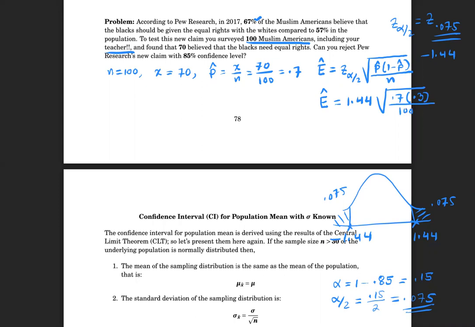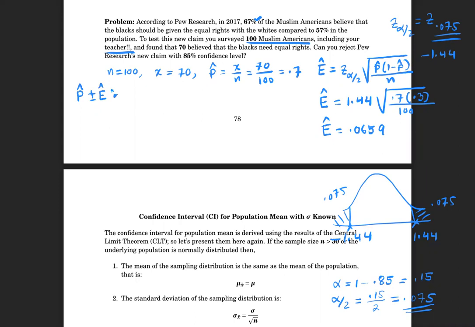So if I do the calculation, 0.3 times 0.7 divided by 100, take the square root and multiply it by 1.44, which is going to give me 0.0659. Margin of error from the sample is 0.0659.